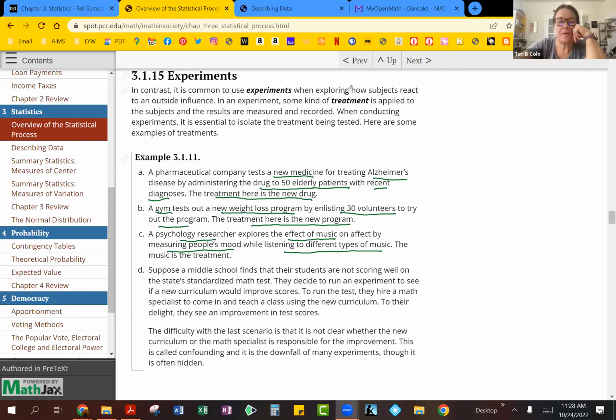So you would say the treatment is whatever is being applied to the subjects, whether it's a new workout program, medicine, or trying to see how people react to music. Yeah, exactly. And that's the thing about experimental studies: they can be so varied, because the idea is what happens if we try this new thing on you and how that affects you or how you react to it.